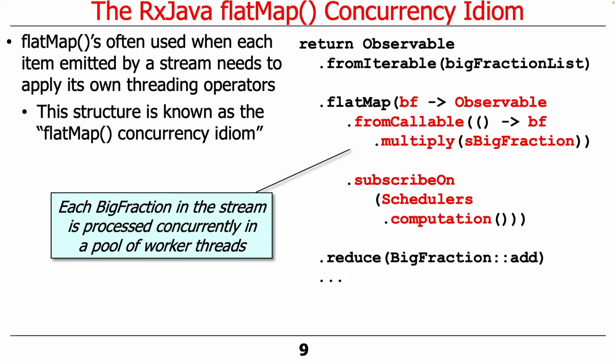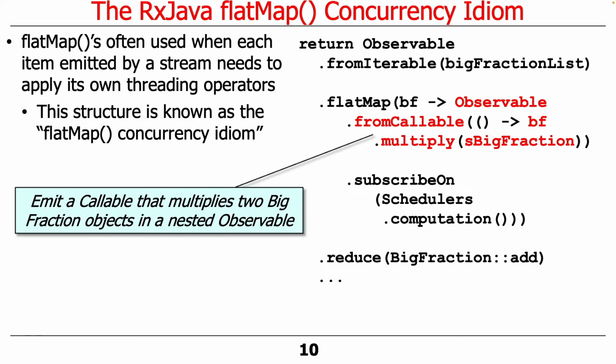This is really cool and shows off some really interesting idiomatic features of RxJava and, for that matter, Project Reactor. We're going to multiply each big fraction in the stream using flatMap. You can see here we're going to use fromCallable, which is a factory method, to lazily multiply each big fraction by some constant big fraction.